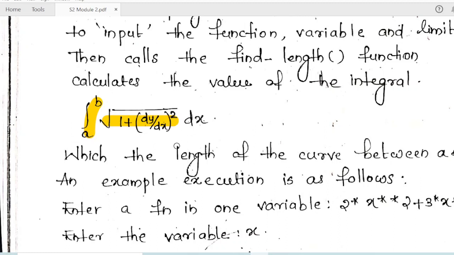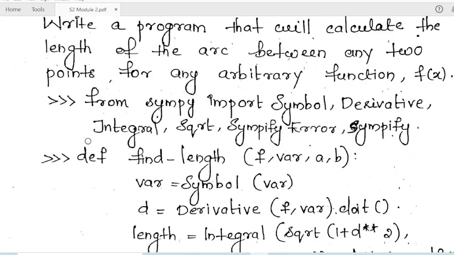So we have to apply this formula when we are defining the function. Initially, write a program that will calculate the length of the arc between any 2 points for any arbitrary function. Here we can see that we have to get the function as input. We need to know 2 points A and B, and one more thing is our variable.